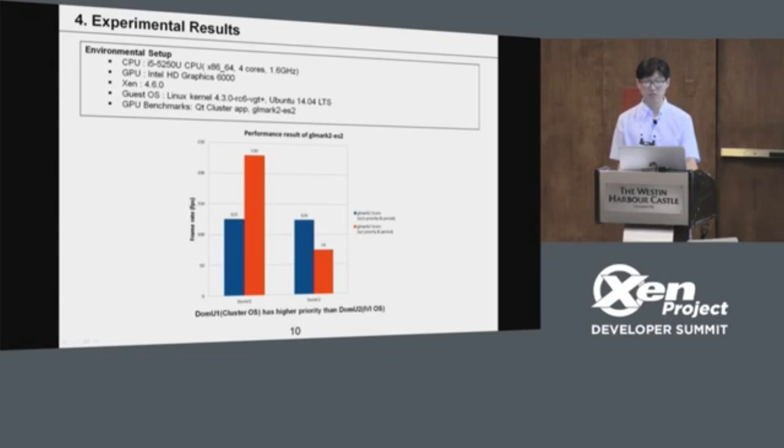Without priority and period, it shows almost the same result due to the round-robin scheduler. But with the priority and period, DOM-1 is 3 times higher than DOM-2.